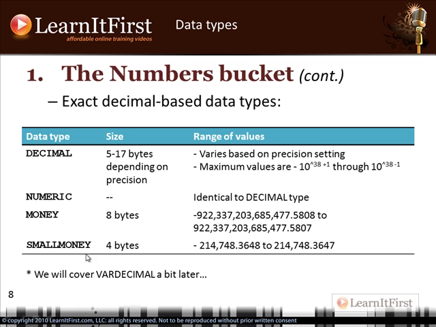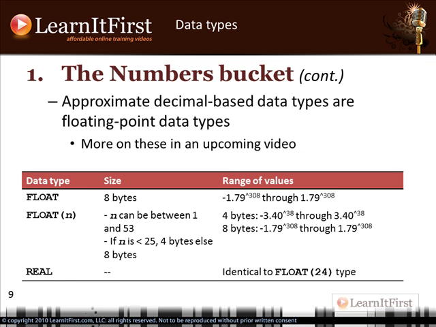They may not be precise enough, and you may need larger or smaller types. You might be better off using the decimal type. We'll explain the differences between money, small money, decimal, and numeric throughout the whole course. We'll be working with those quite a bit.